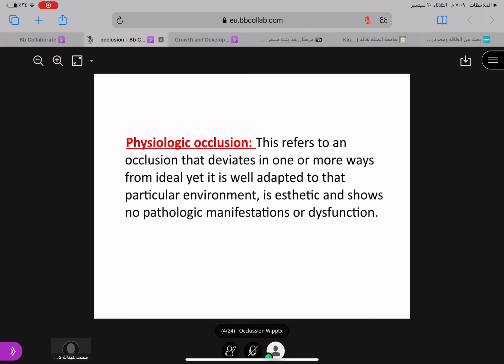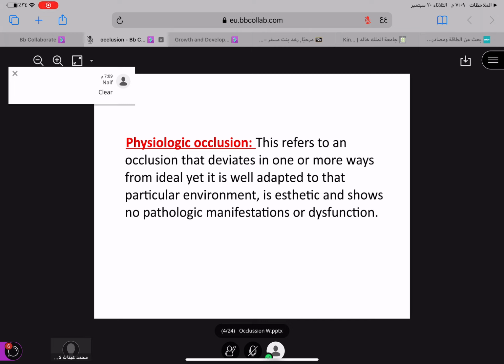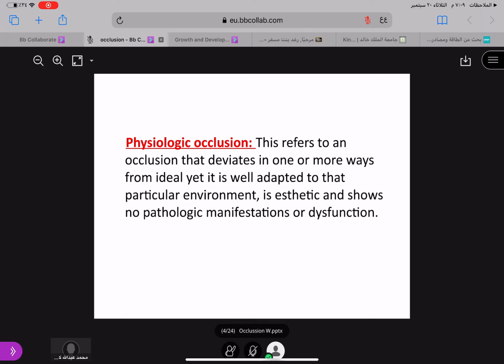It is just a theoretical concept, whereas the normal and the physiological... you cannot hear me? So what is physiological occlusion? It deviates from the ideal occlusion in one or more ways but is well adapted to the physiology and the function without any pathology.